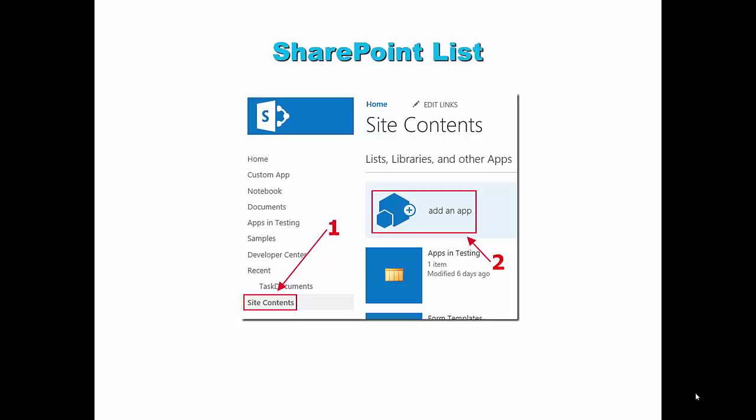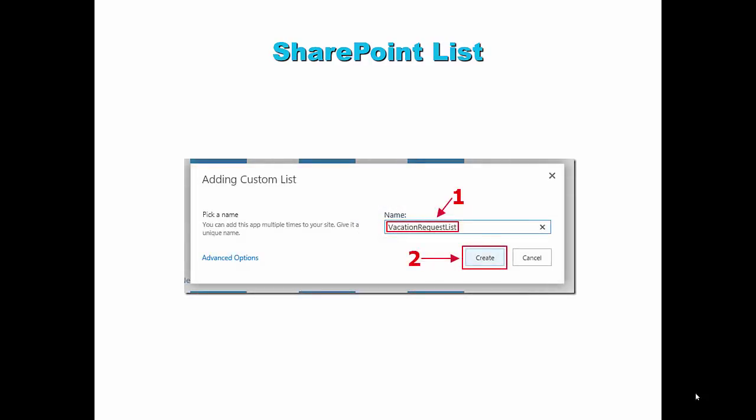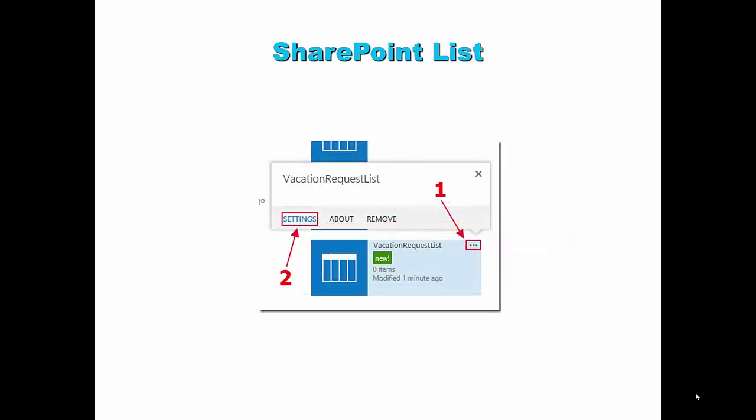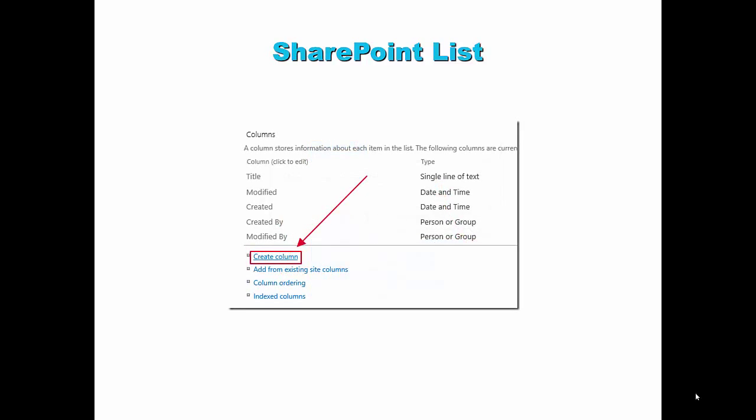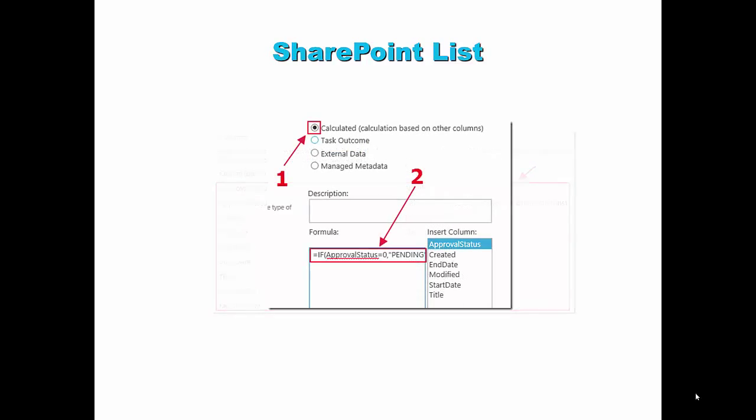We'll log into SharePoint as an administrator and select the Add an App. We'll select the Custom List application, which is used to create custom lists. We'll create a custom list called the Vacation Request List. After the list is created, we will go into Settings, and we'll go to Create Column, and we'll create some additional columns. We'll create a calculated column that will show approval status.